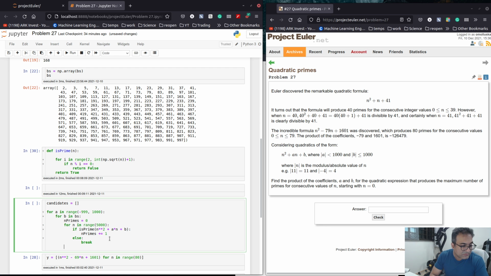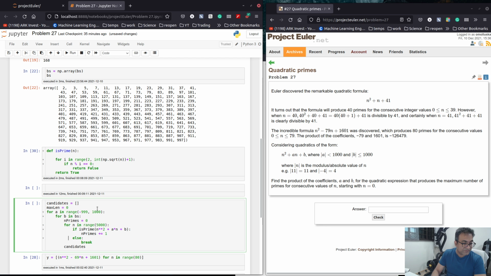And so at this point we will say max length is 0.